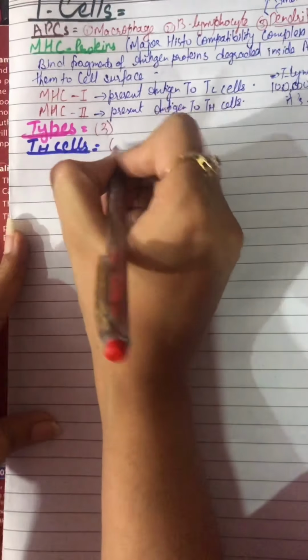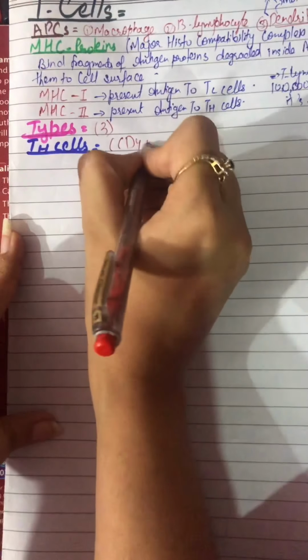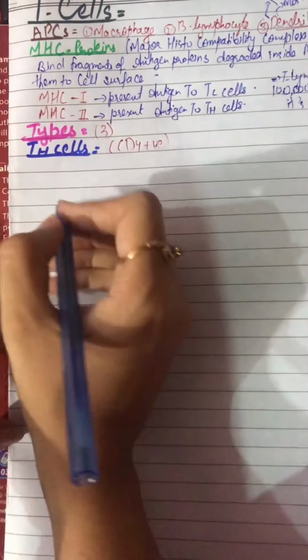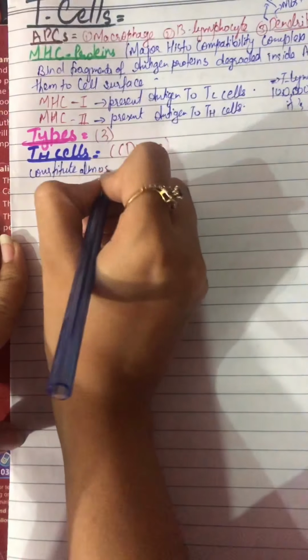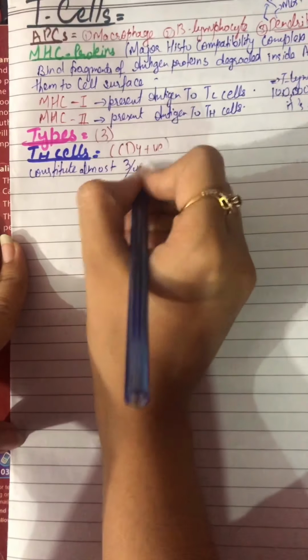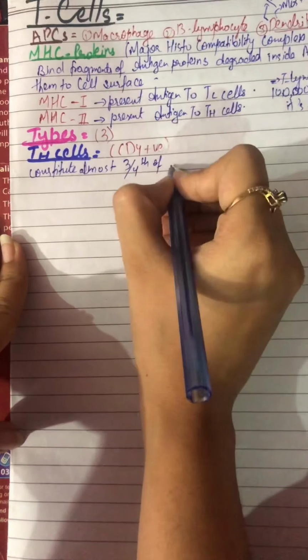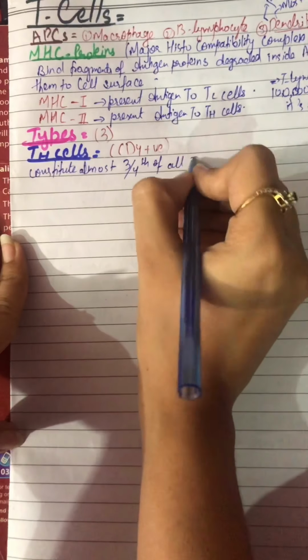Right? So the T helper cells are, first remember that they are CD4 positive. They constitute almost 3/4 of all T cells.